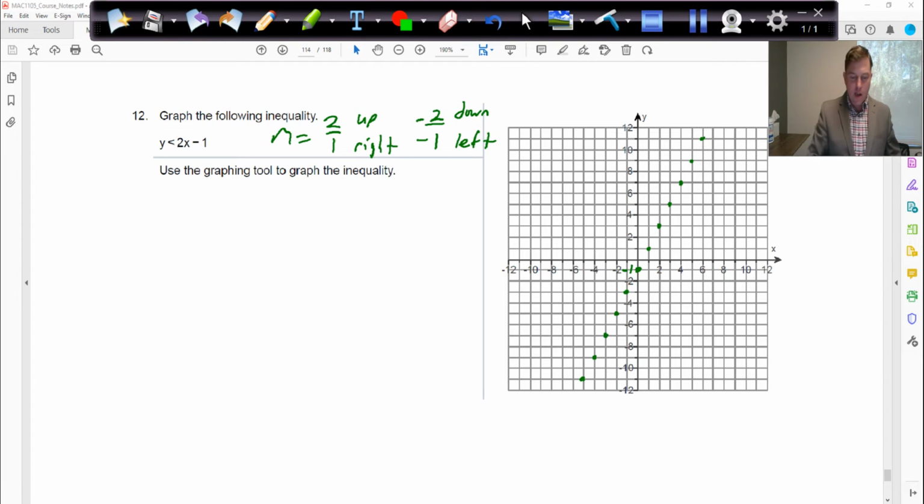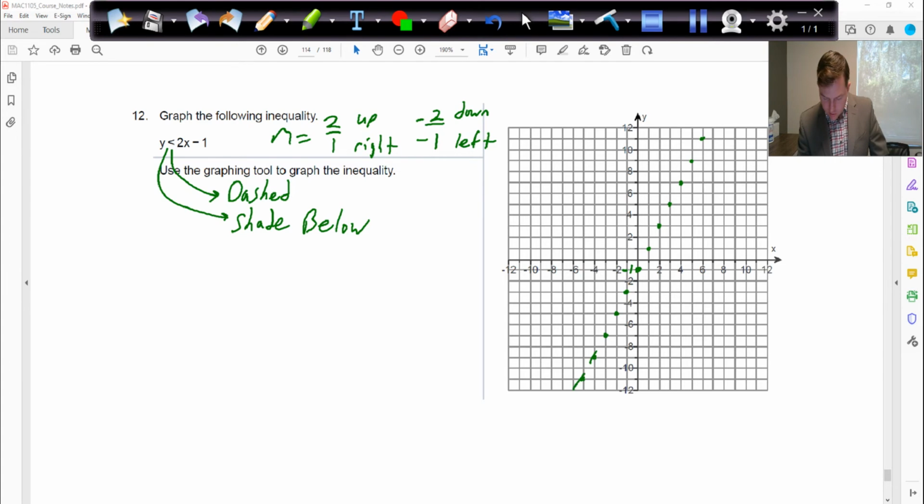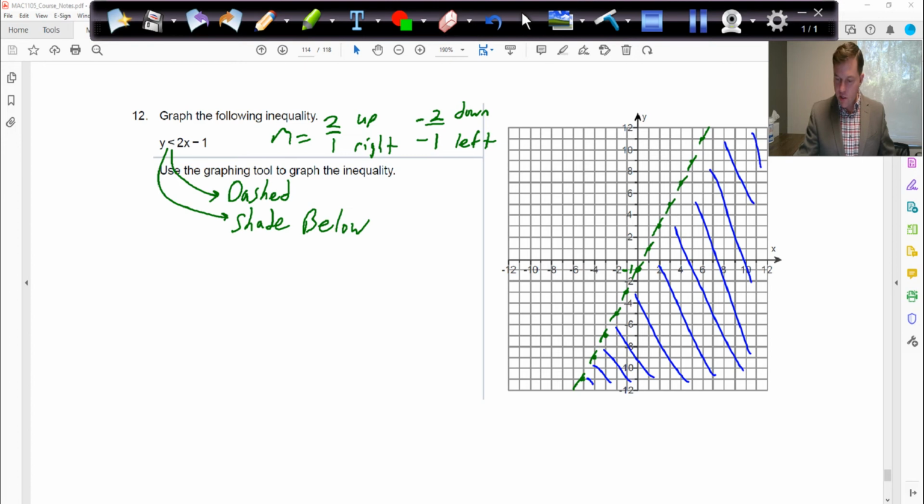And there's your line. And now, because there's no equal to bar, we're going to have a dashed line. As it's a less than, we want to shade below. So a dashed line would just be, leave some gaps in here, so the line itself will not work. And to shade below that line would be down here. So that region is going to contain all the possible answers for this inequality.